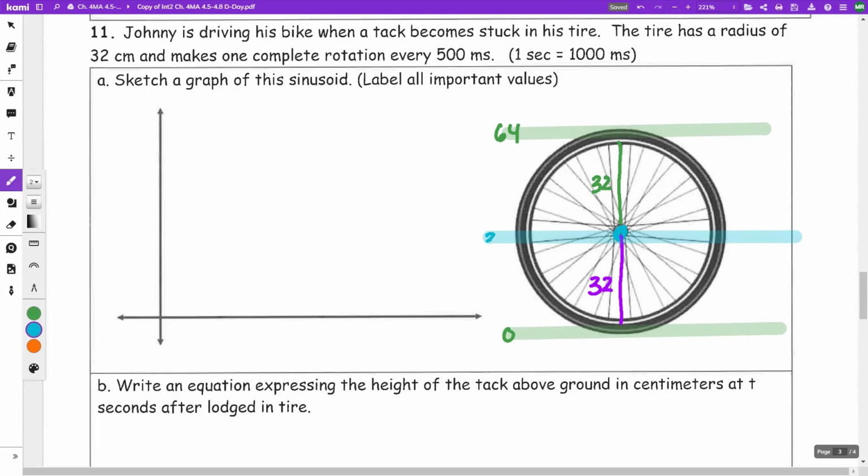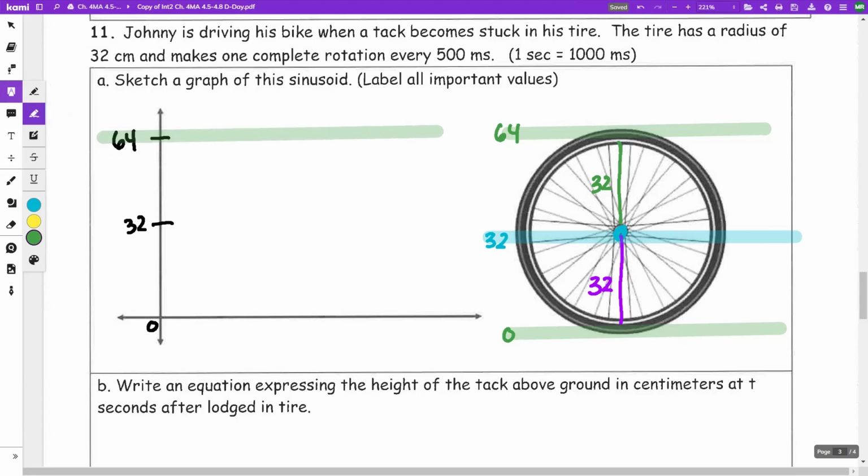So in terms of my graph over here, I am going to have 0, 32, 64. And again, my 64 and my 0 are going to be my high and low, and my 32 is going to be my vertical shift.